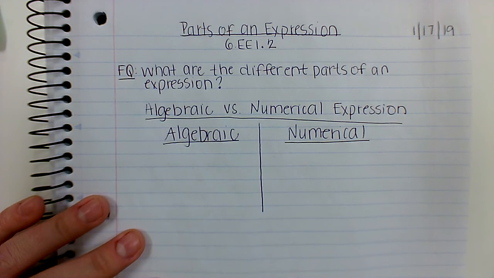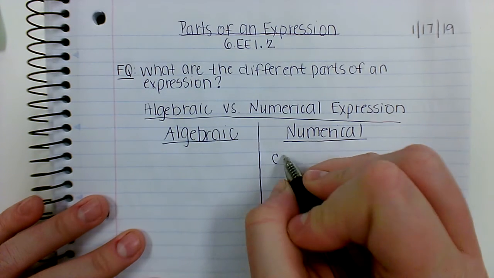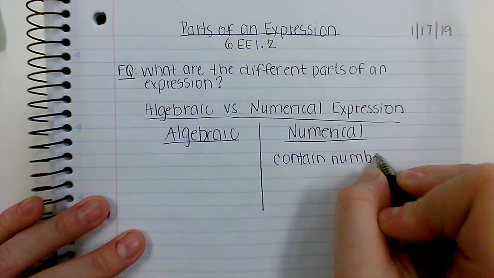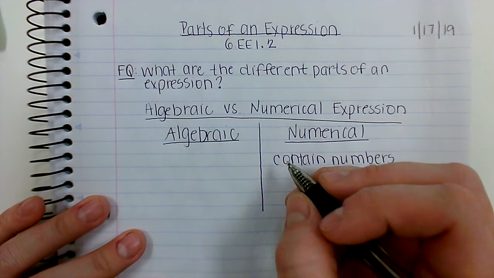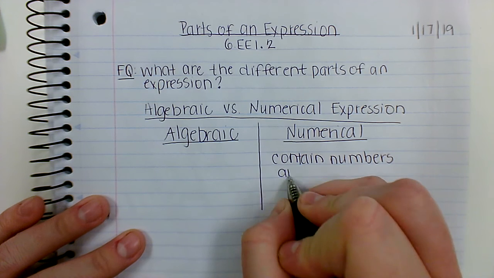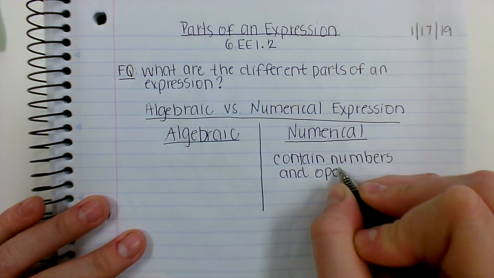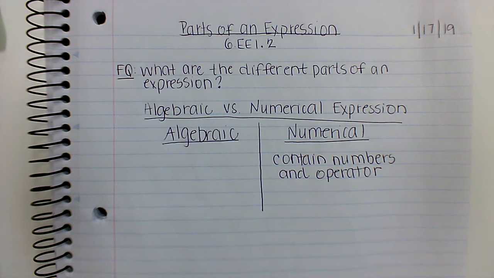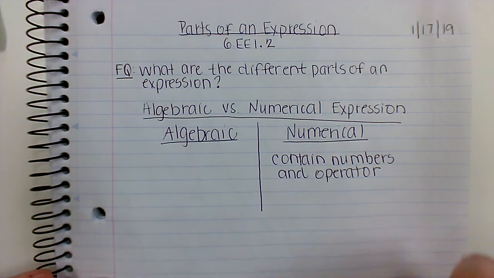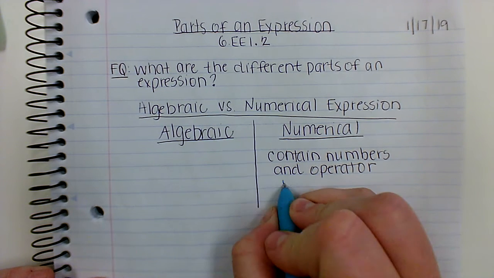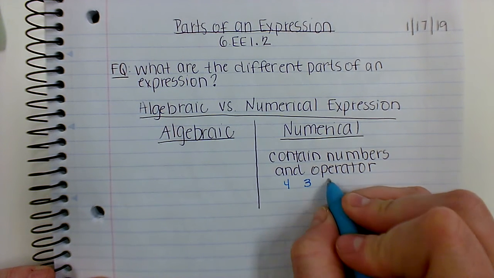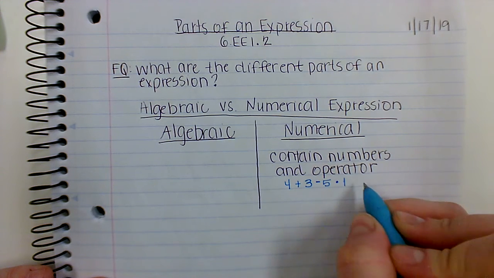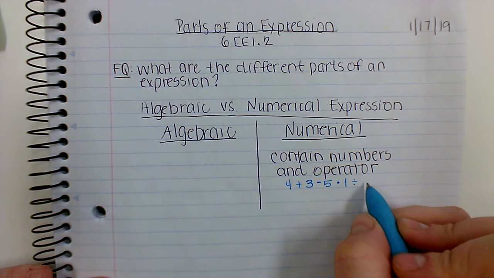Numerical expressions are what you're used to. So they're going to contain numbers, some type of operator, so you're going to see numbers such as 4, 3, 5, and there might be an addition sign, a subtraction sign, a multiplication sign, or a division sign.